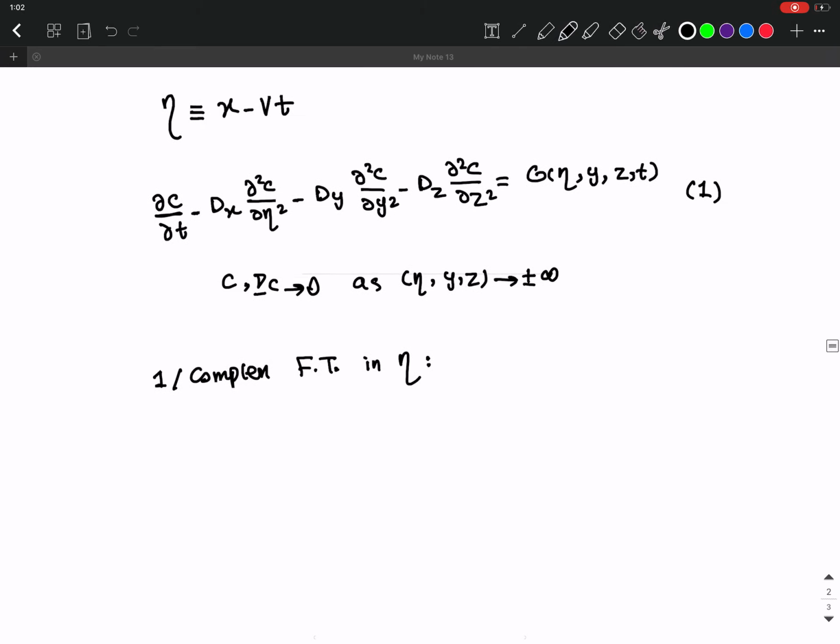Okay, so the Fourier transform of c in eta is going to be beta eta.